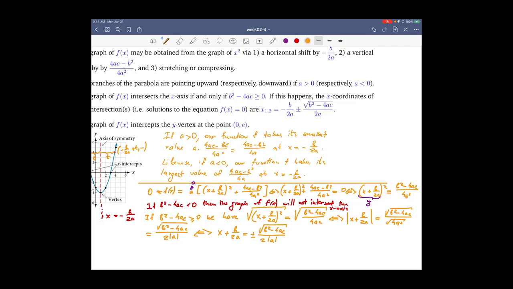Now note that the absolute value of a is itself plus or minus a. It's a if a is positive and negative a if a is negative. So because of the plus or minus in front of this fraction, it's safe to omit the absolute value symbol altogether.